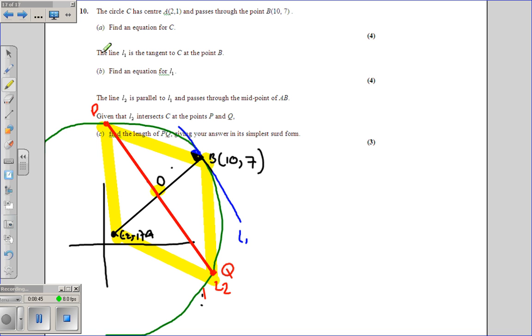Now what we need to find is this distance here, remember. But if we can find this distance here, then we can just double it to find that one. Now we can find this distance PO because we know what this is.